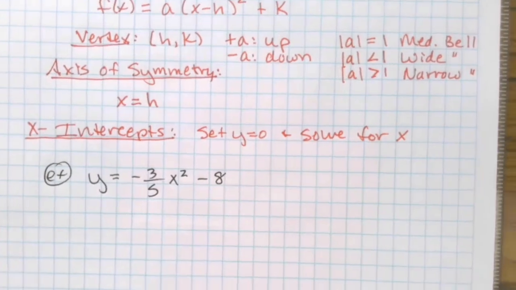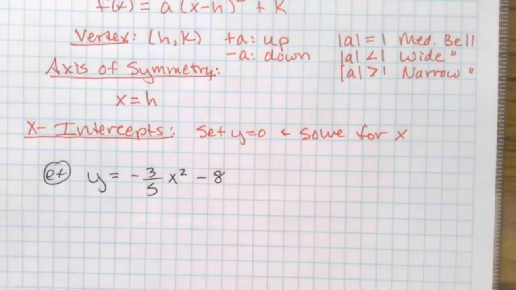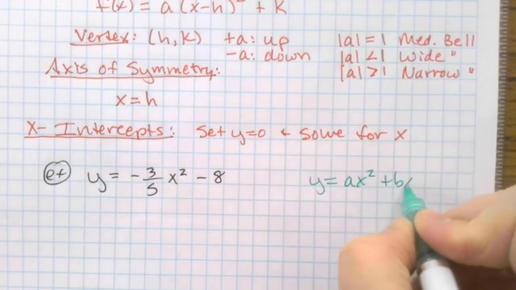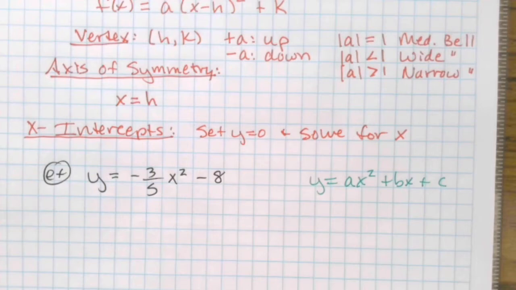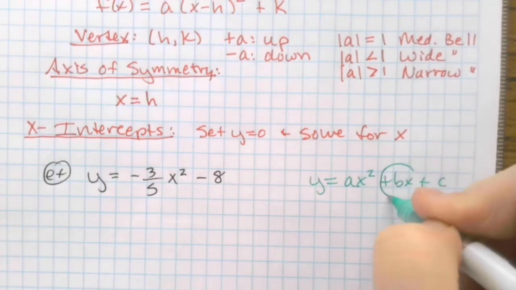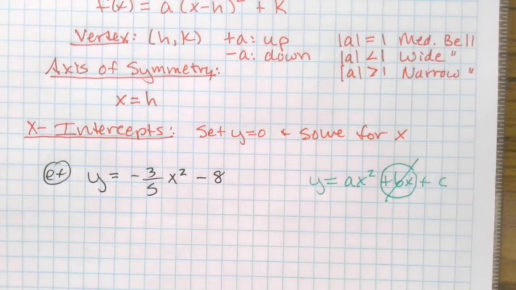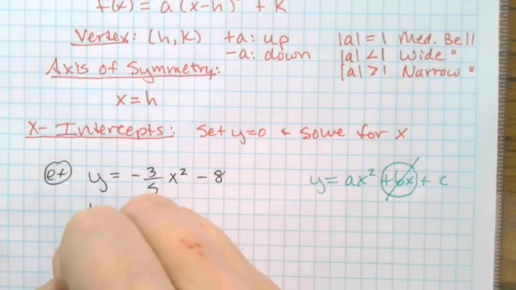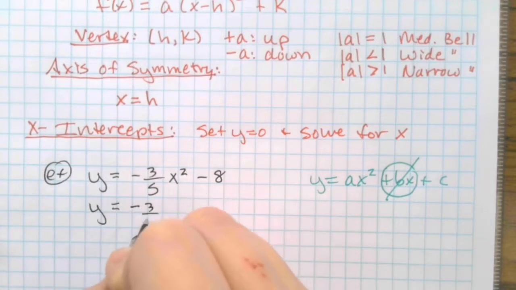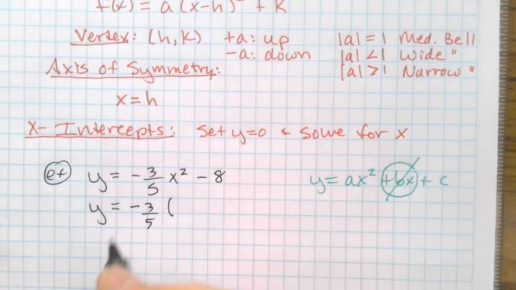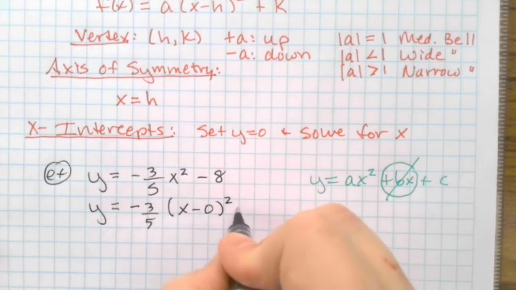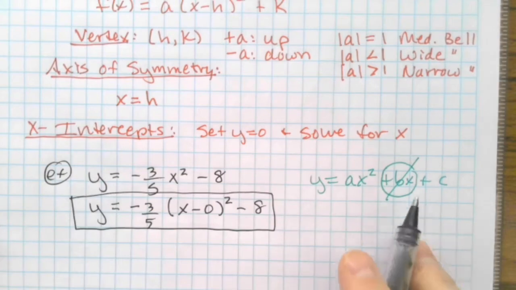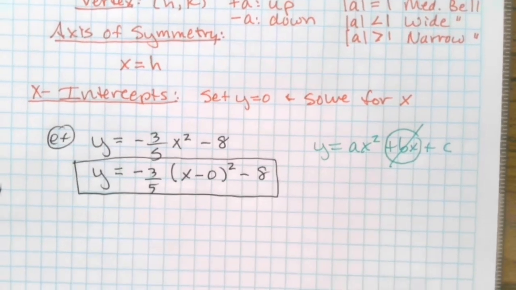Now, this is standard form, which, if you remember, standard form is ax squared plus bx plus c. But here's the thing. If you don't have a b term, if there is no single x term, then transforming this to vertex form is very easy. It's almost a cheat. You just pull the 3/5 off of the x squared, and then you have x minus 0 squared. And there you have vertex form. This only works if you don't have a b term, but it's a nice shortcut.